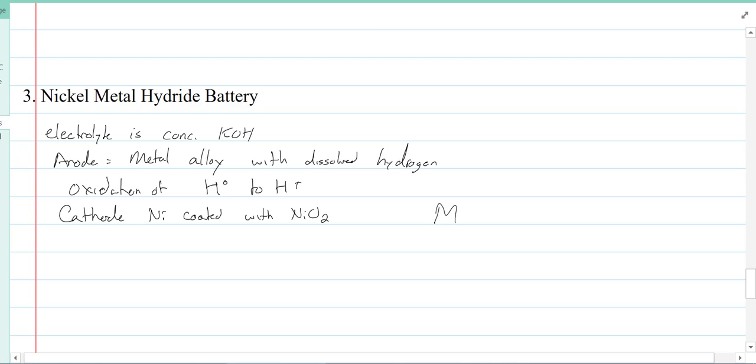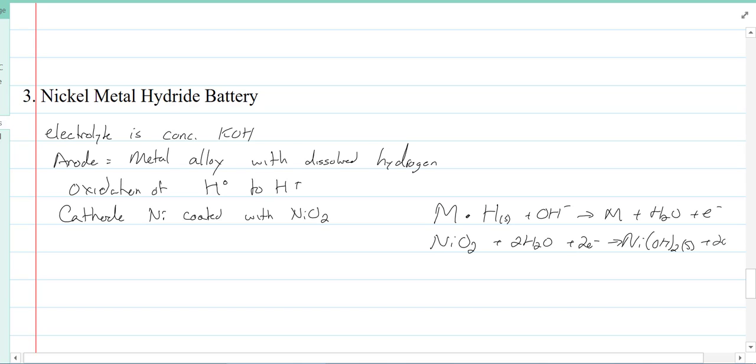So we have M, some metal, H, that's a solid, plus hydroxide going to metal plus water plus an electron. Then you have NiO2 plus 2 waters plus 2 electrons going to Ni(OH)2 solid plus 2 hydroxides.